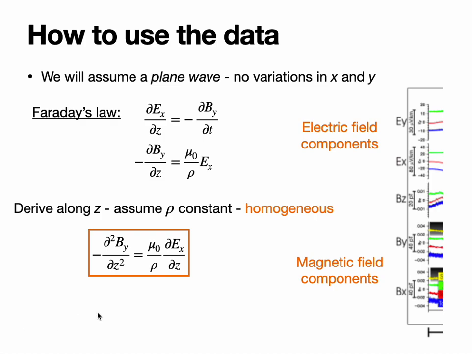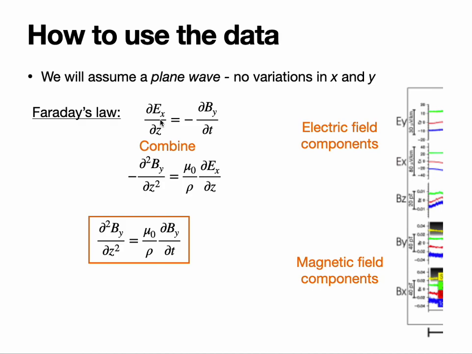And now we take a derivative along the z-axis, and we assume that the resistivity is constant. So we make the homogeneous subsurface approximation. So if we take the derivative of this equation with regard to z, we end up with the second derivative of By with regard to z on that side, and the first derivative of Ex with regard to z.